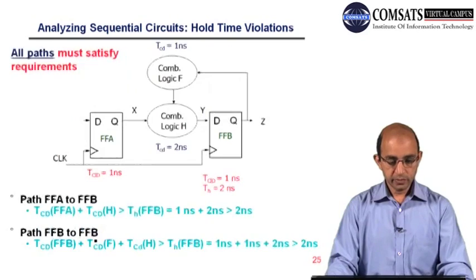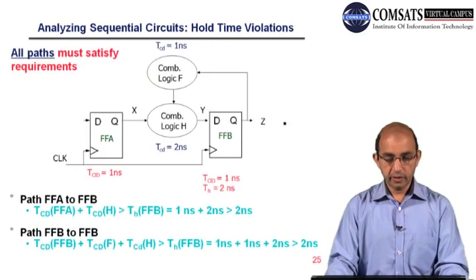Here again we have a more complicated circuitry, and you can see we have a feedback loop. Take the path from flip-flop A to B. Here we have a TCD of 1 for this flip-flop, and again 2 for this.